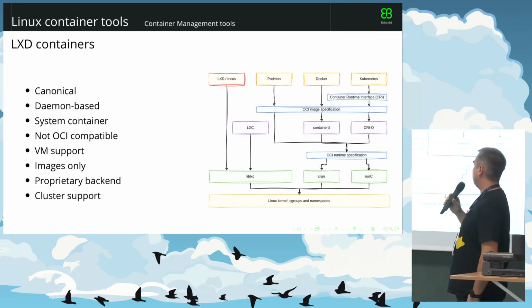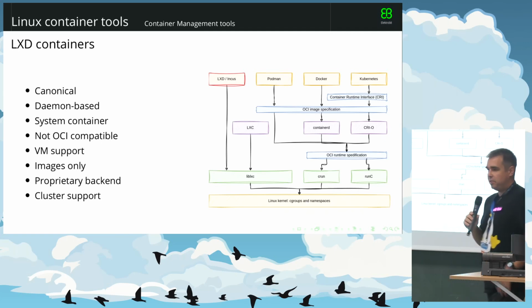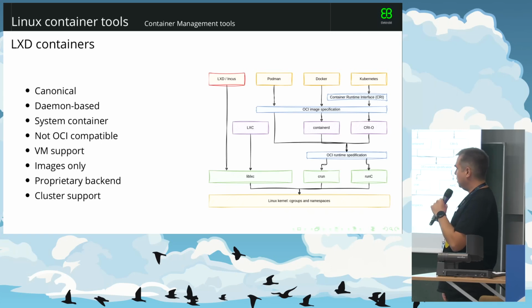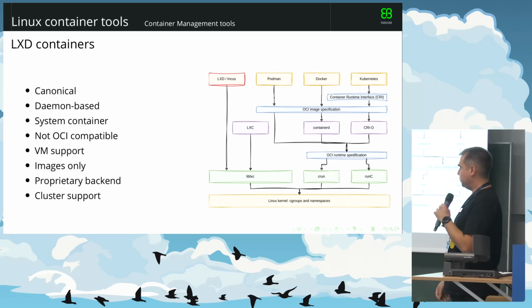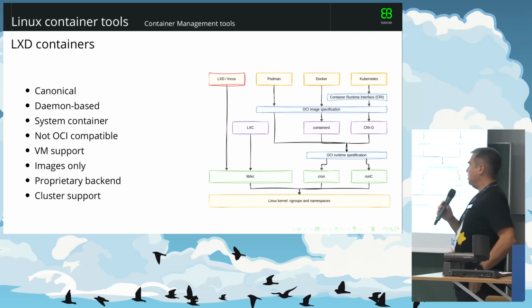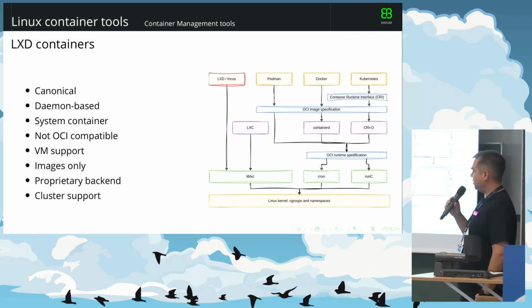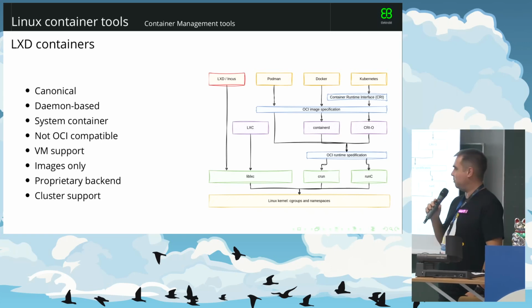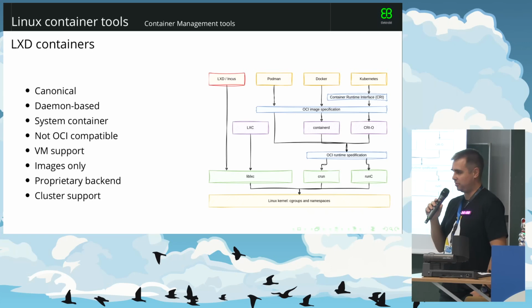Then Canonical tried to build on top of this and provide similar features as were provided in parallel by Docker and Co., the OCI world, and they invented LXD, which is a daemon-based solution, but it's also focusing on system containers. It has some nice features and drawbacks. With LXD, you can also manage your virtual machines, not just your containers, which can be a nice thing if you also want to have virtual machines.